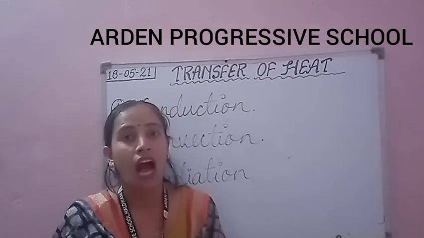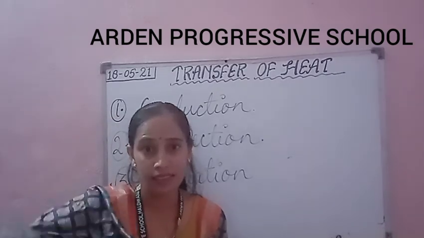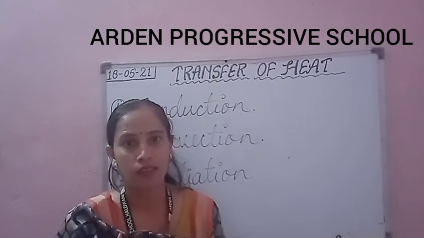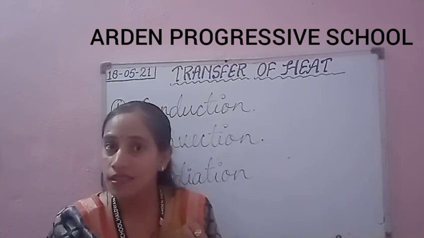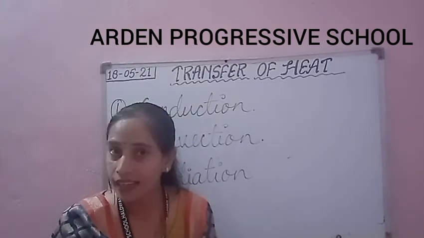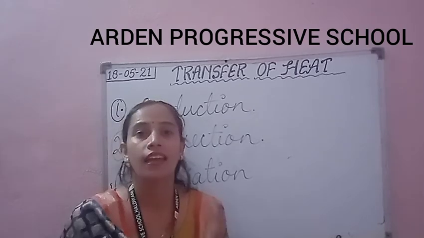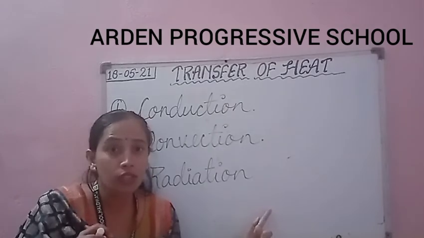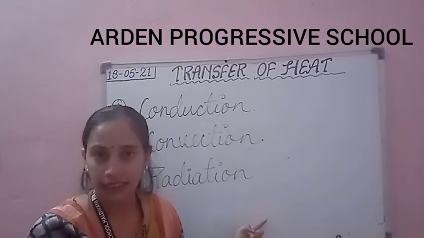So how do we get the heat from the sun, as the sun is so far away from us? The process by which the sun gives us heat, by which we feel the hotness from the sun, is known as radiation. Clear students? Through the medium of radiation, we get the sunlight.